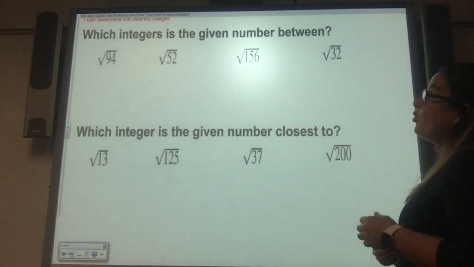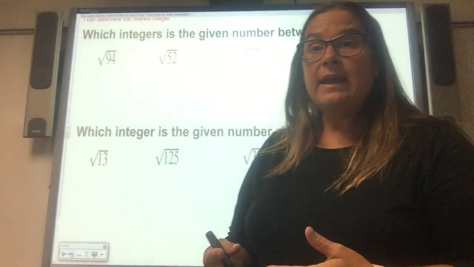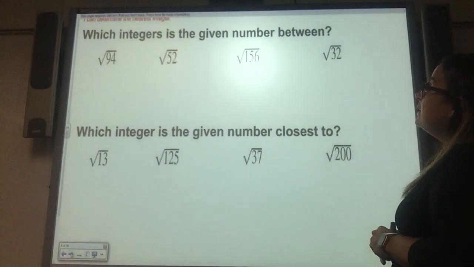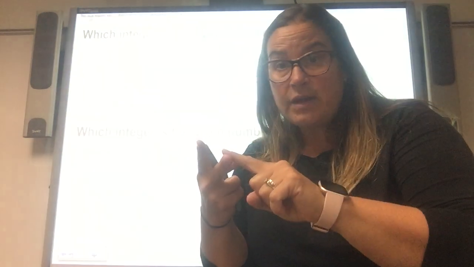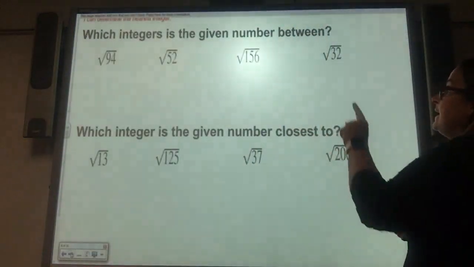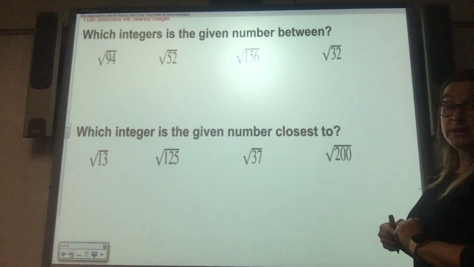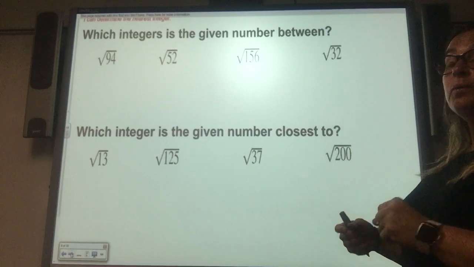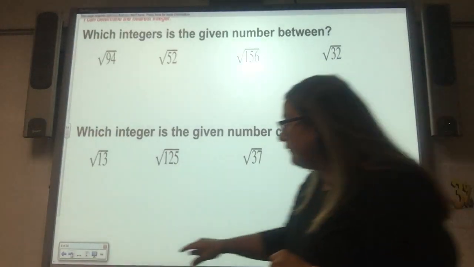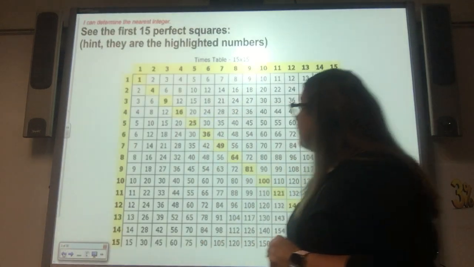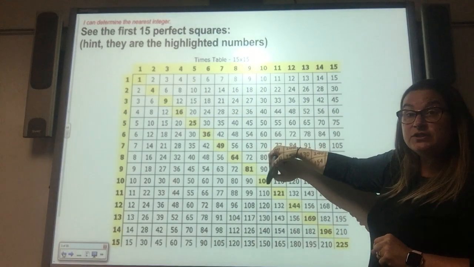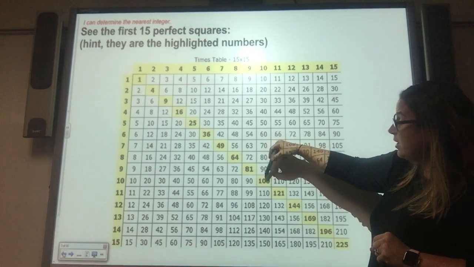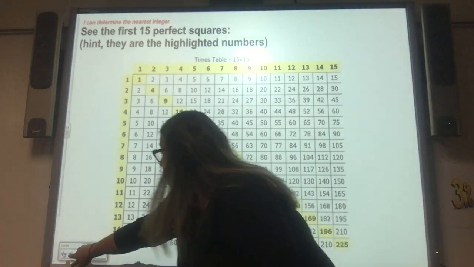All right, so how we're going to use roots is by figuring out which integer, remember, an integer has no fraction, no decimal, which integers these two numbers are between. So for example, the square root of 94. If I go back to my table, I know that 94 falls between 81 and 100.